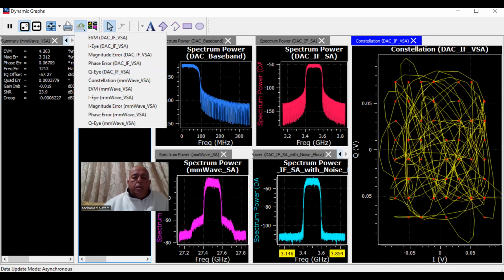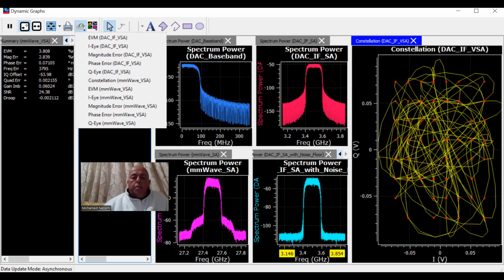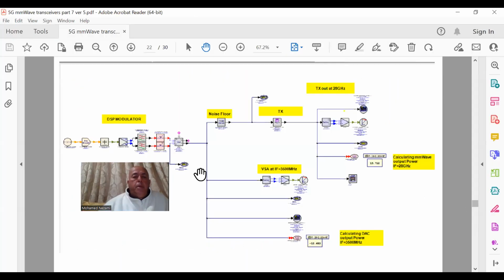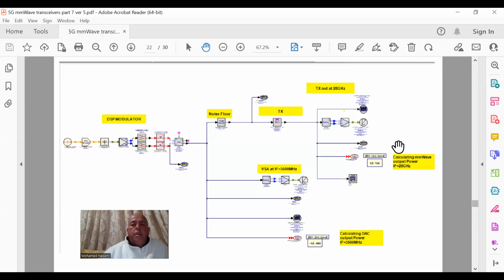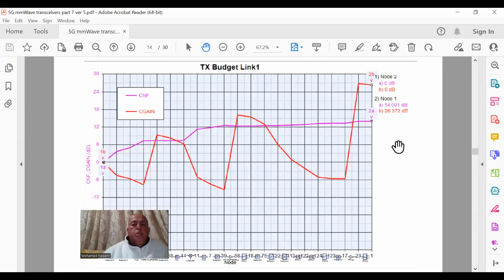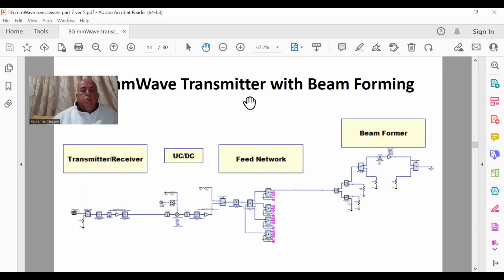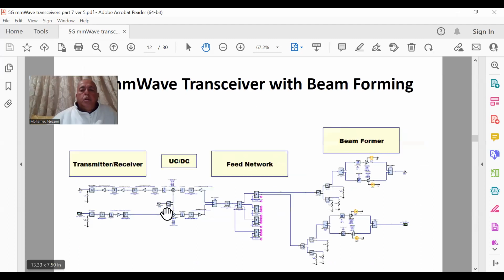So that's it, ladies and gentlemen. We took the RF system that I designed last time, which is the 28 gigahertz beamformer transceiver.